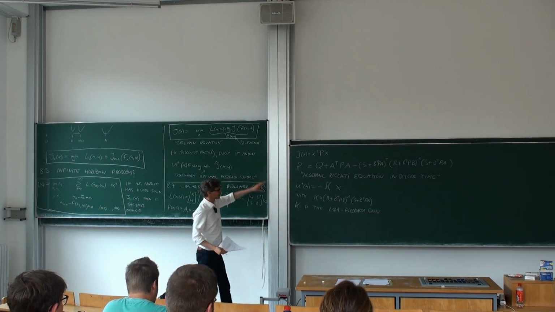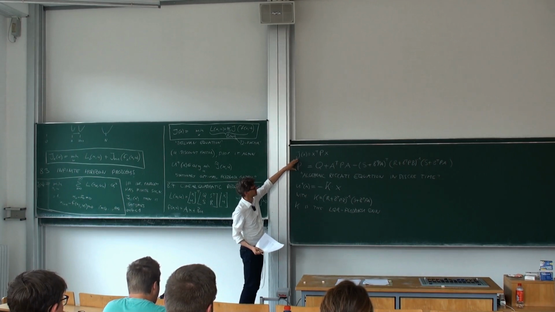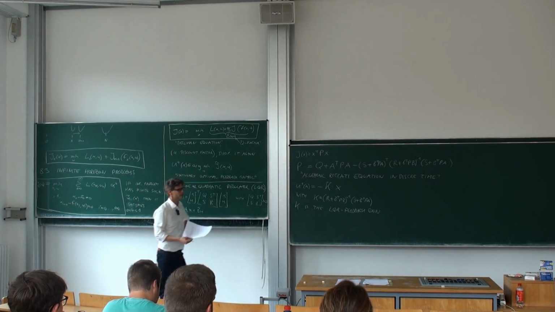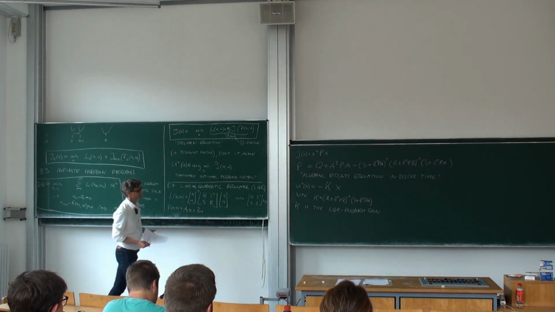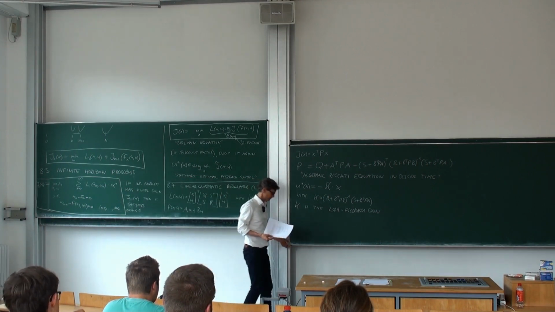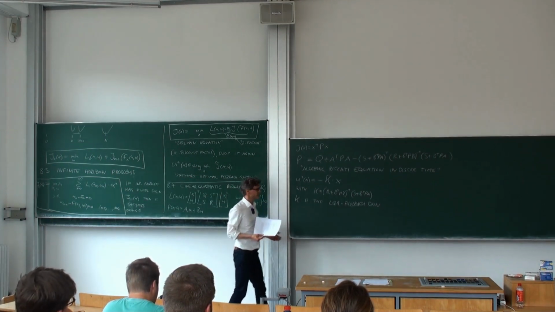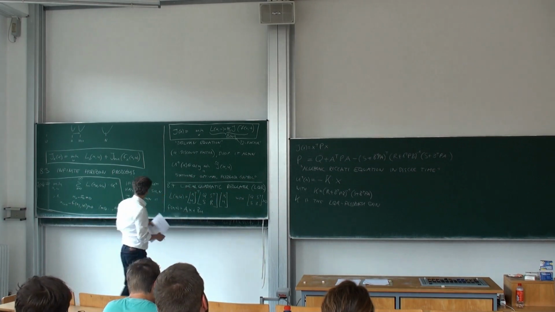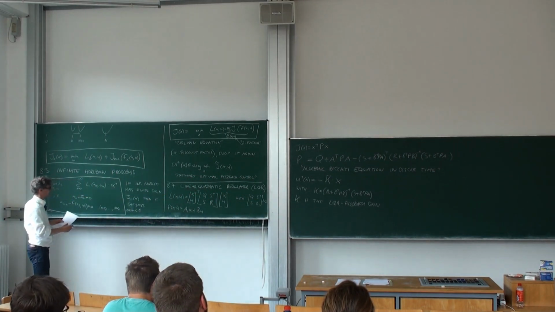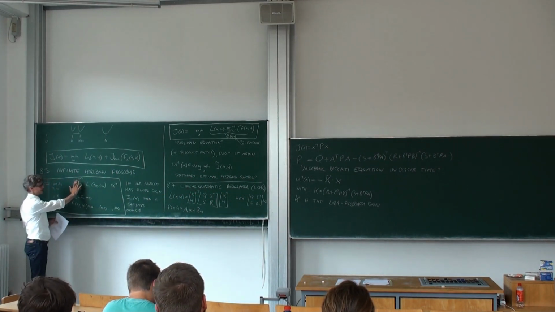This equation, the algebraic Riccati equation, you could say is a difficult thing to solve. How do I solve it? There are many different ways, but conceptually the easiest is probably to think about what the solution of a finite horizon problem would be.